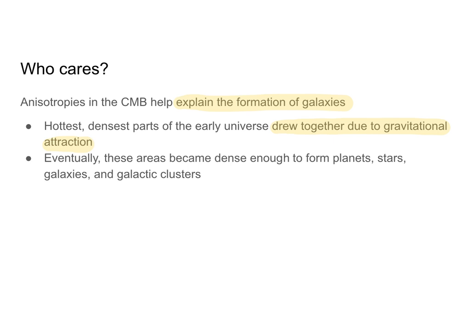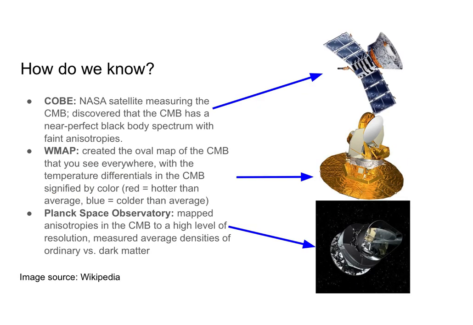And so the hotter and denser parts of the universe get even more hot and even more dense as they pull matter nearby towards themselves. And so eventually, those areas will become dense enough to form planets and stars, galaxies, galactic clusters, and most importantly, of course, you and me. So it is in fact thanks to the anisotropies, those little tiny 10 to the negative fifth Kelvin differences in the cosmic microwave background, that we exist at all.